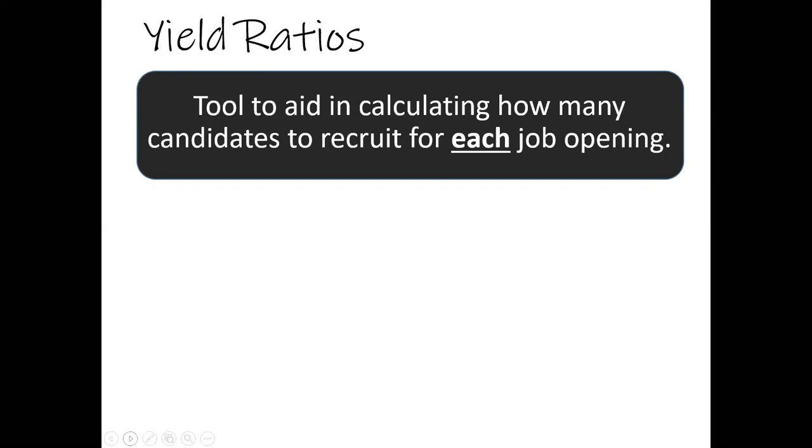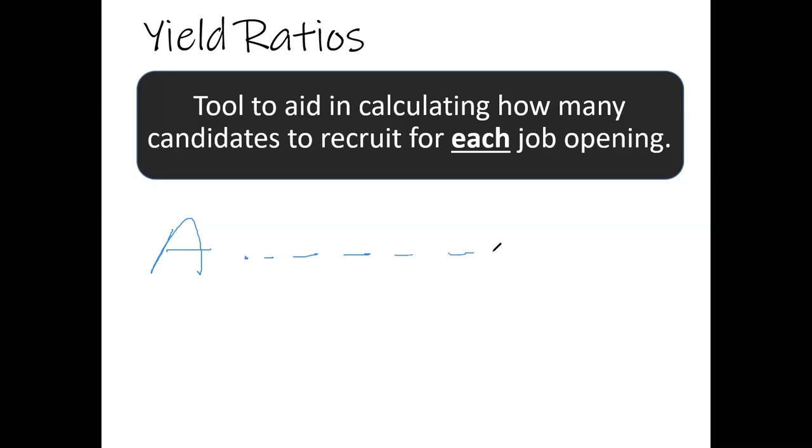Yield ratios are a way for us to measure and analyze the numbers at every step of a company's recruitment and selection process. You want to understand where you start relative to where you end. You start with step A, there are so many steps in between, and you ultimately get to Z.